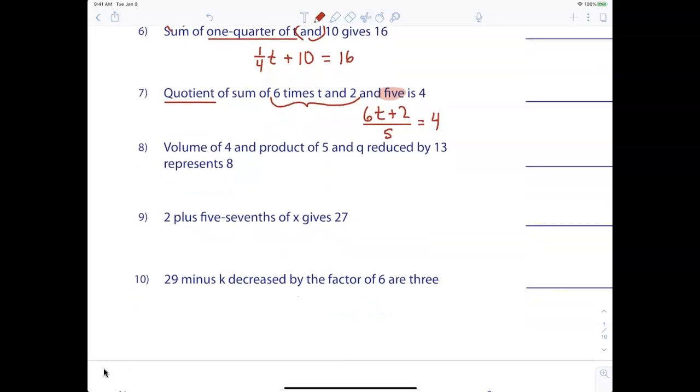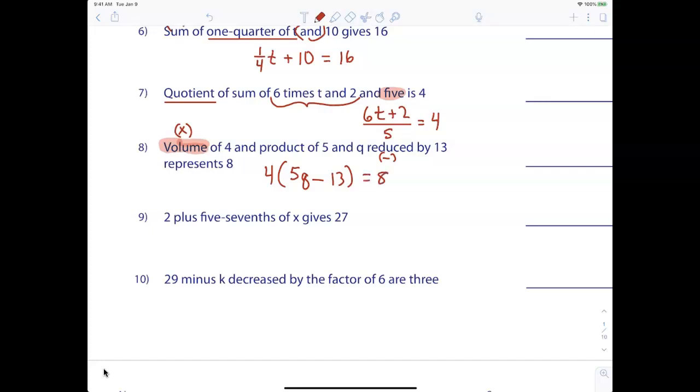Now this was a little strange when I looked at it first: volume. I haven't really used that word very much in algebra, but I know that volume is multiplication. So what are we doing? We're multiplying 4 and the product of 5q, reduced, as subtraction, by 13, and that's going to equal 8.